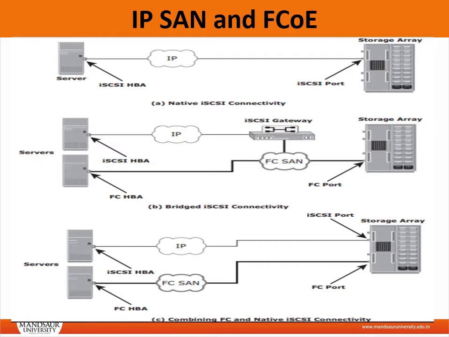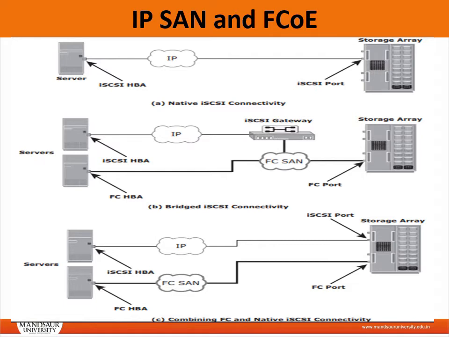Now there are different components of iSCSI. An initiator, that is the host, a target, that is the iSCSI gateway, and the storage array, and the IP-based network are the key iSCSI components. If an iSCSI-capable storage array is deployed, then the host with the iSCSI initiator can directly communicate with the storage array over the IP network.